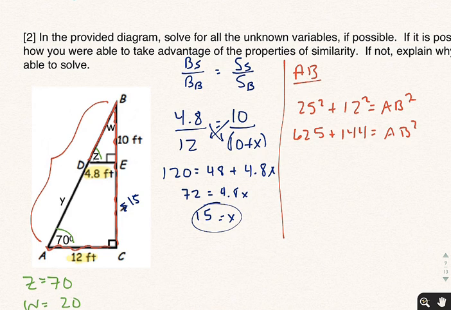So if I add 144, I get 769 is equal to AB squared. And then if I take the square root of that, 769 square root, AB is going to be 27.73 about. So that's going to give me this length.